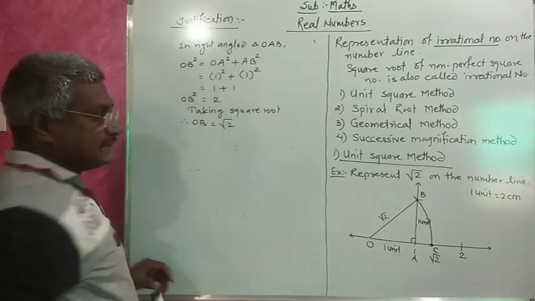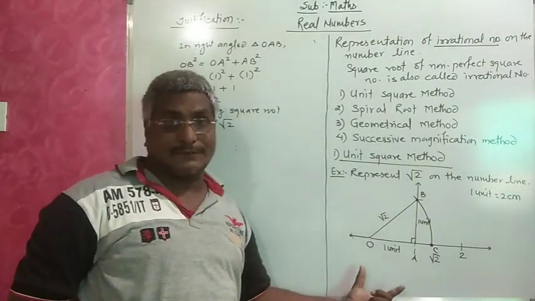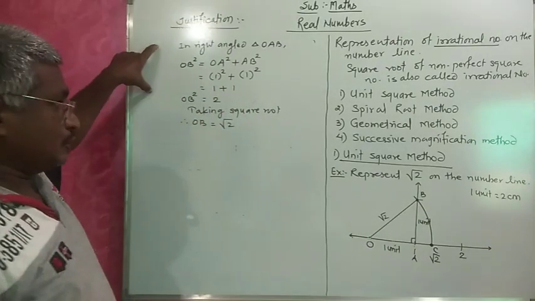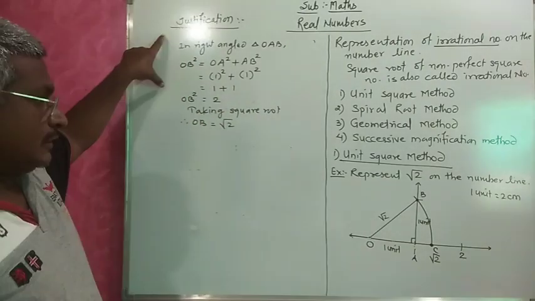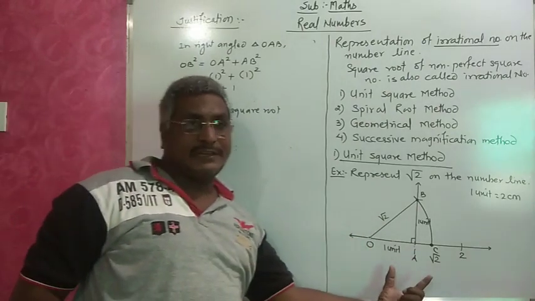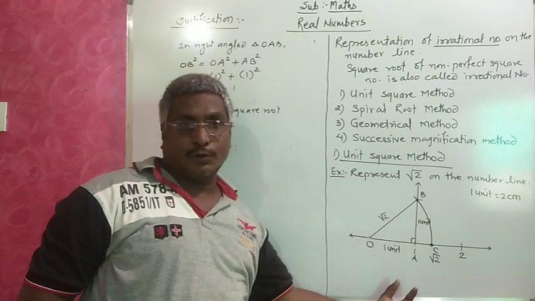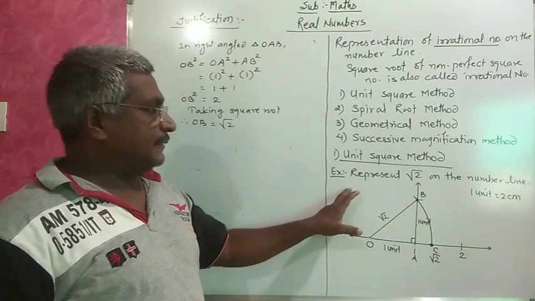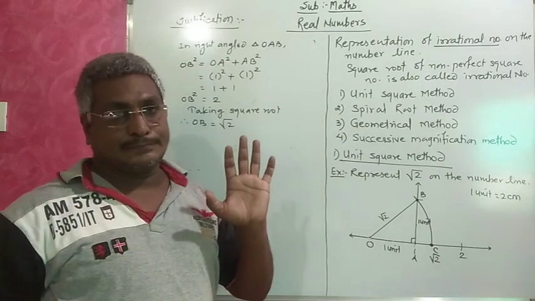It is called the justification of this. And in the exam they will ask for the justification, so we should know how to write it. It is compulsory. Understood, student, how to do? So this is the representation of root 2 on the number line.